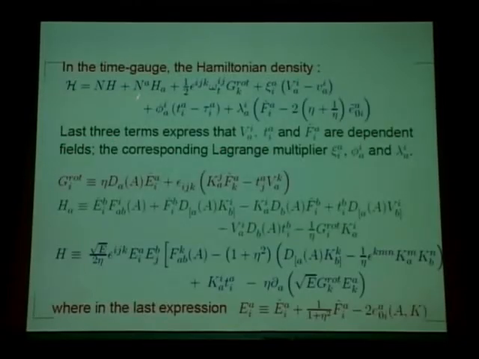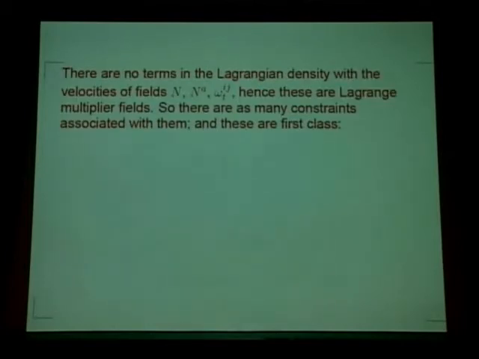Now these fields N, N^a, and omega^ij have no derivatives in the Lagrangian density. Therefore, they are Lagrange multiplier fields. So corresponding to them, there are as many constraints in this theory. So the constraints are that G rotation, H_a and H are 0.